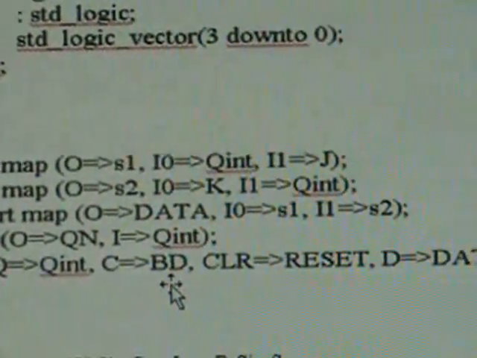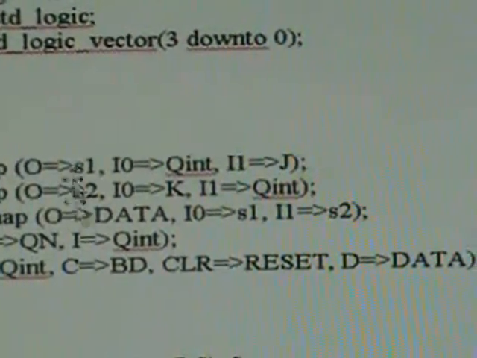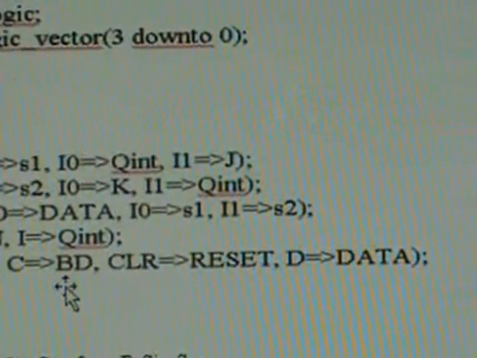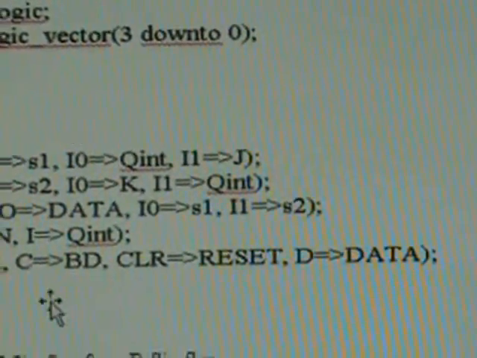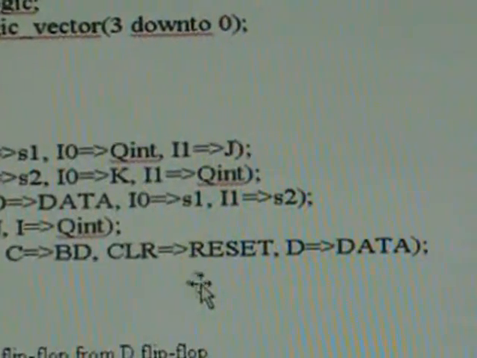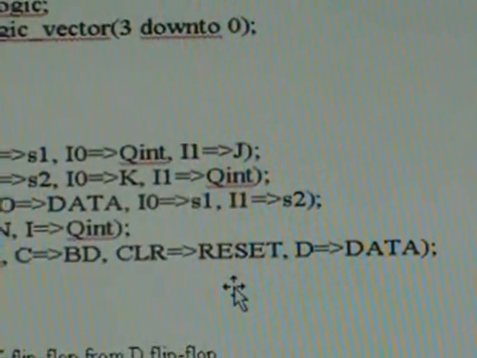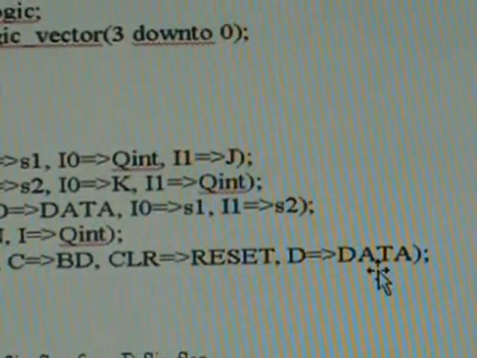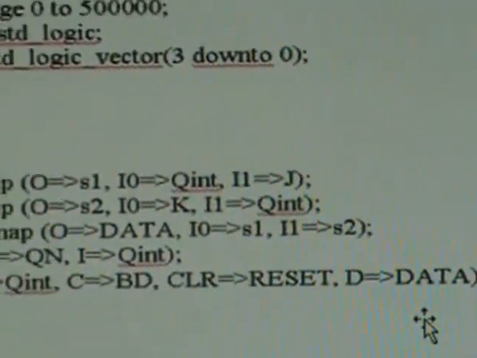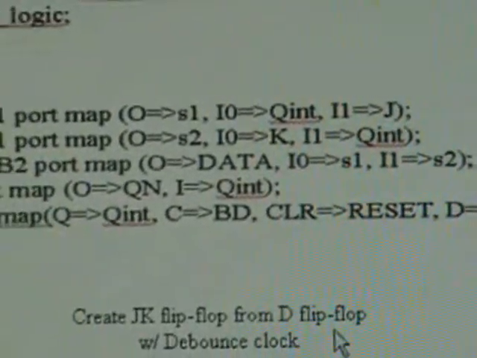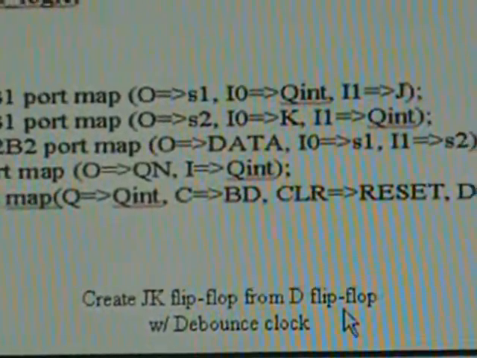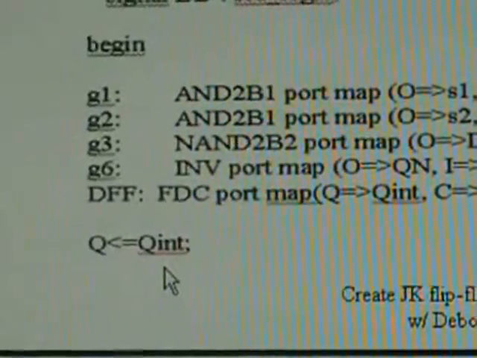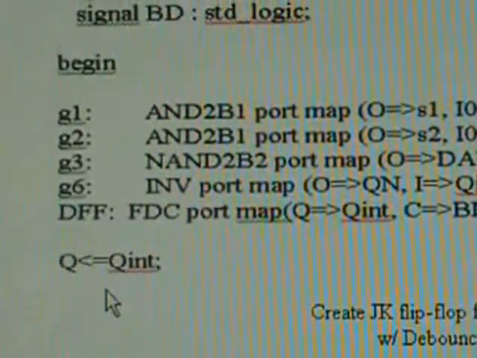So we're using the debounce button, which is obtained by, after waiting 40 milliseconds, we use that signal to clock this data flip-flop. And the clear formal is connected to the external reset, and the D is to the user variable data that we provide in the port entity. Then we transfer the internal Q in to the output Q.